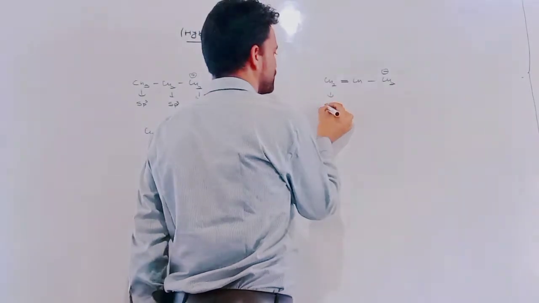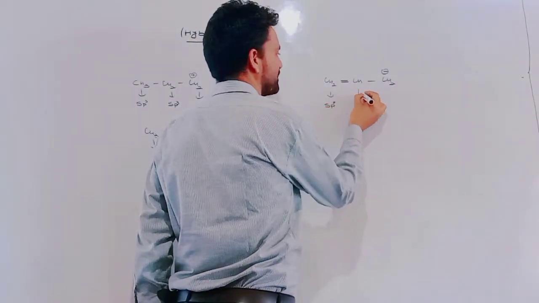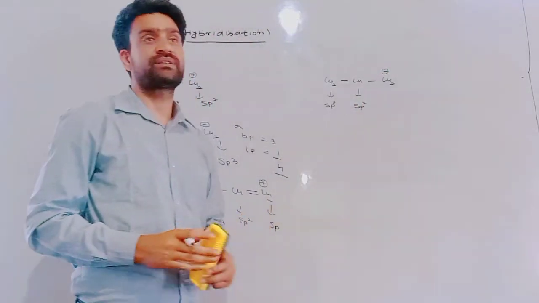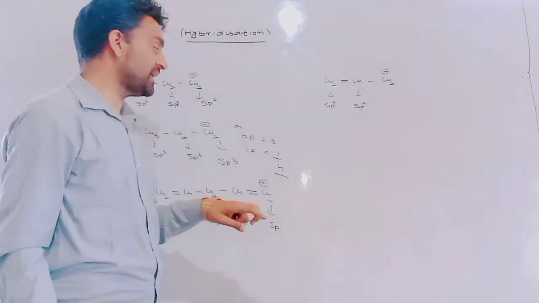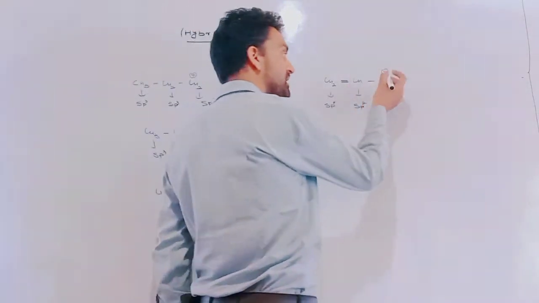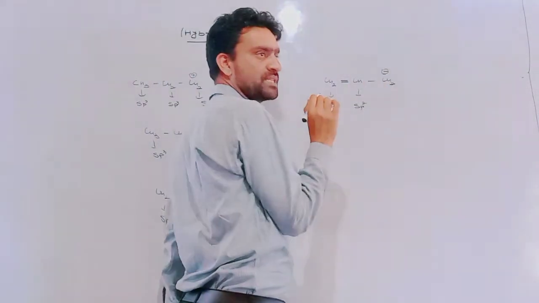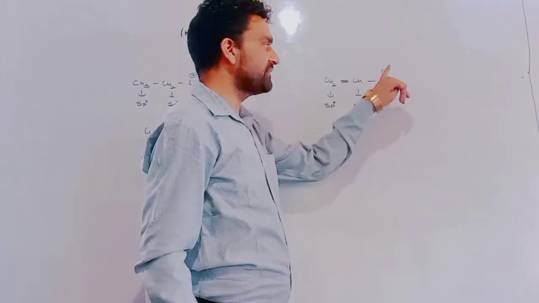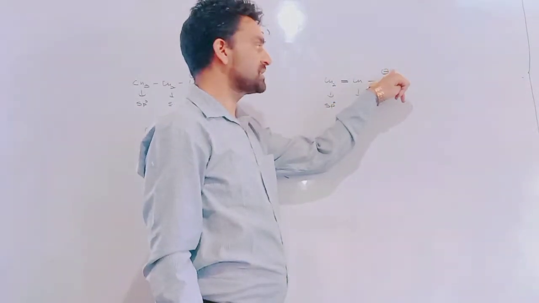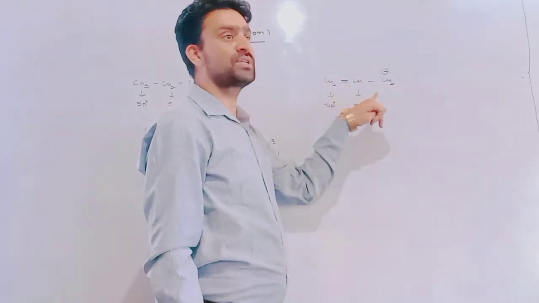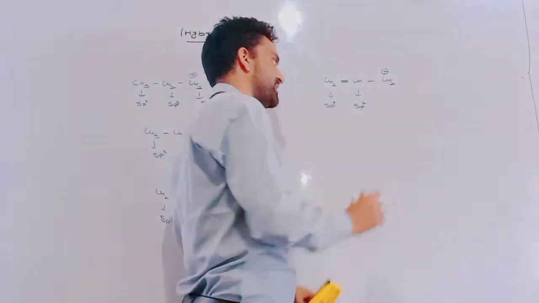What is the hybridization of this carbon? It should have been sp3. Why? Because it contains bond pair 3, lone pair 1. But this negative charge is involved in resonance. It undergoes resonance, delocalization. Whenever any lone pair or negative charge is adjacent to and in conjugation with a double bond, it shows resonance, and due to resonance it is sp2 hybridized.